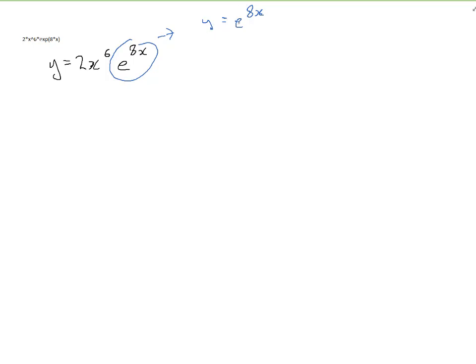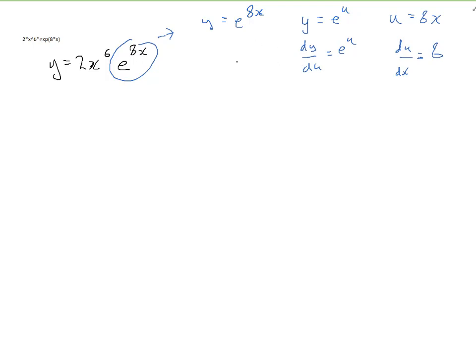So using the chain rule you could see this in a simple form as y is equal to e to the u, where u is 8x. Now you need to differentiate both of these: dy by du is e to the power u, and du by dx is 8.